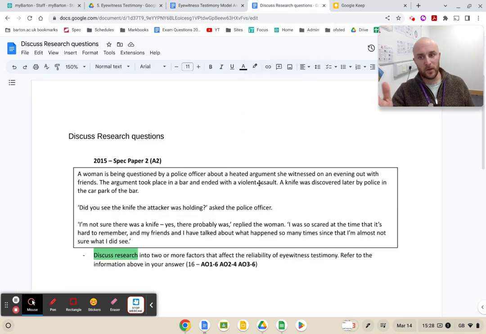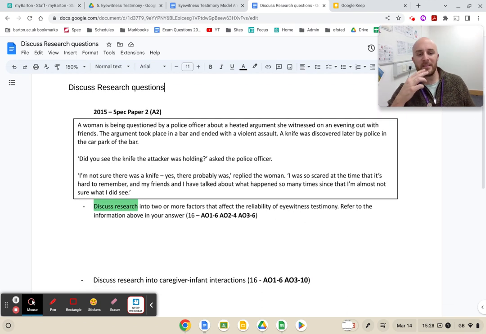So this one here, we know, right? Another one to think about here, discuss research into caregiver-infant interactions. So you need to know at least, I would argue, 3 or 4 pieces of research, not the whole thing, but 3 or 4 pieces of research, the results of what was found. So, for example, inside caregiver-infant interactions is the role of the father.